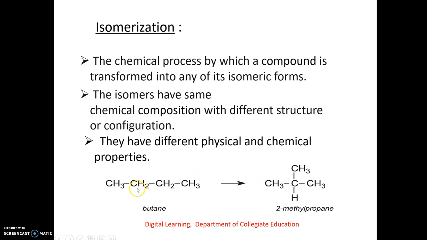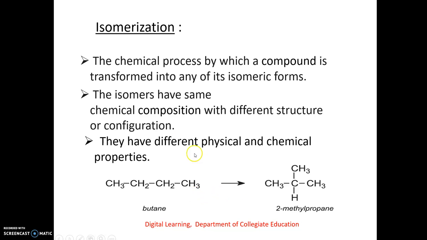The isomers have the same chemical composition, but the arrangement of atoms varies. That is, their structure or configuration is different. As a result, they will have different physical and chemical properties. For example, butane is a straight chain aliphatic hydrocarbon having 4 carbon atoms.